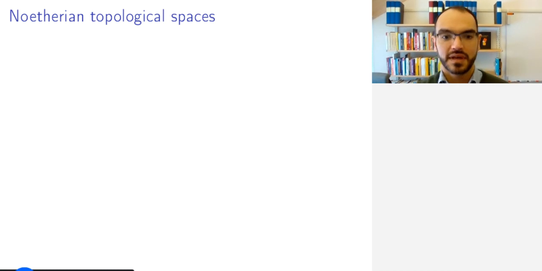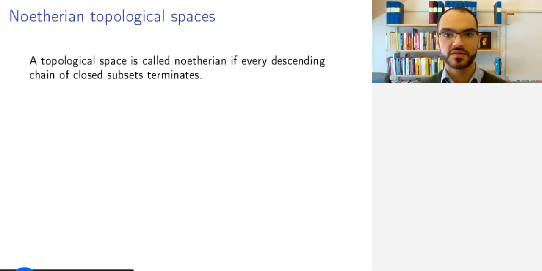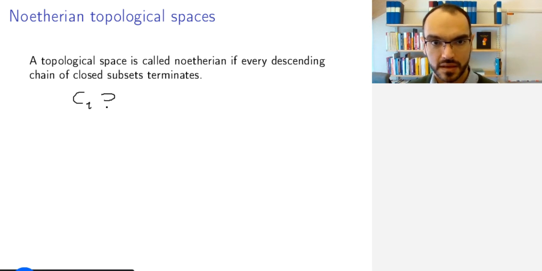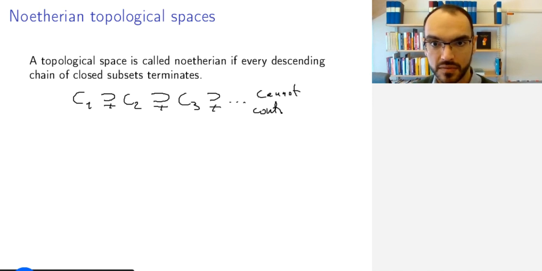Now, one other notion that is useful for the Zariski topology is that of a noetherian topological space. So a topological space is called noetherian if every descending chain of closed subsets terminates, meaning that we cannot have a chain of one closed subset, say C1, containing properly C2, containing properly C3, and so on, that cannot continue indefinitely.